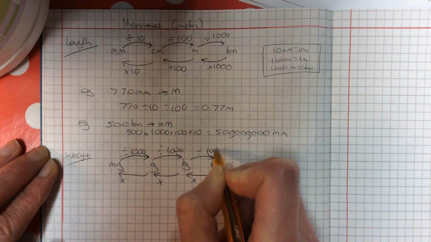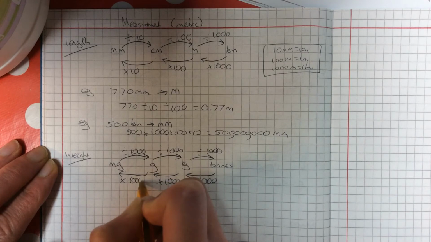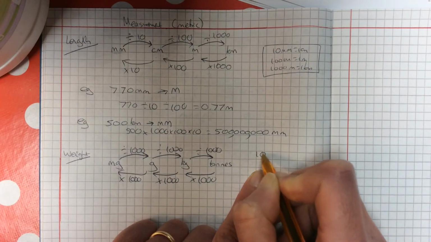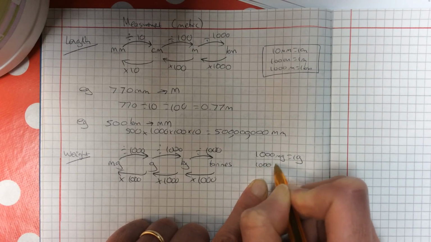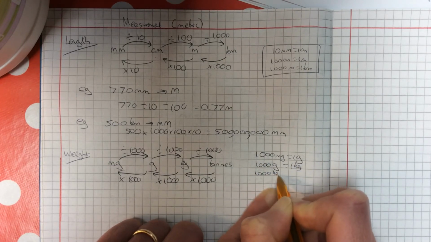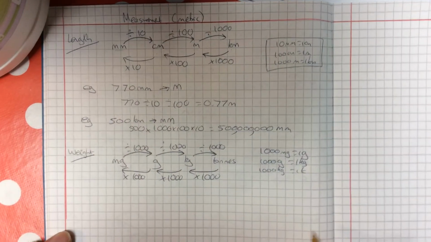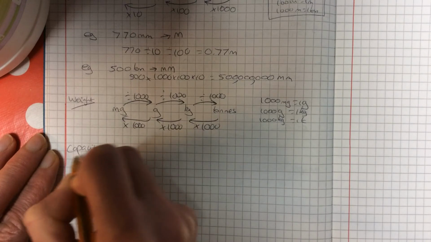There's not too much to remember in that one. So 1,000 milligrams is a gram, 1,000 grams is a kilo, and 1,000 kilograms is 1 tonne.